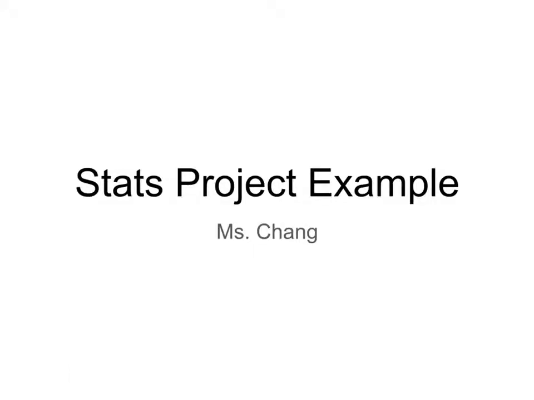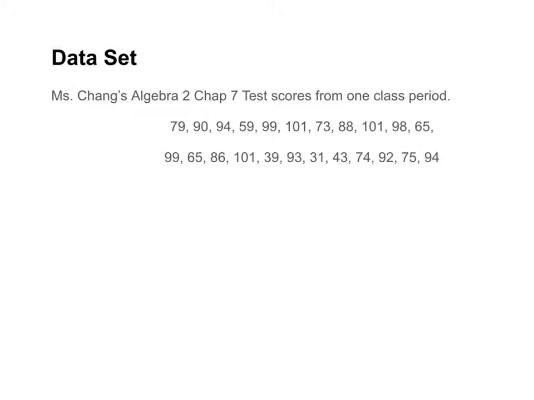So I'm going to use my example here. This example is going to be using a sample set from my grade book. The data set I'm going to be using is the Algebra 2 Chapter 7 test scores from just one class period.